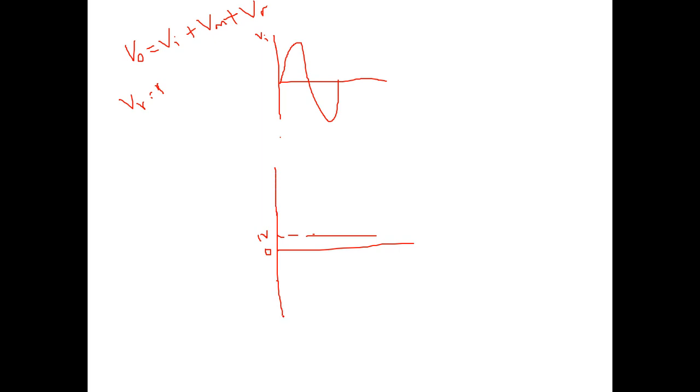Now I am going to find the output waveform. Vi will be varying, Vm is constant at 3 volt, and V reference is 1 volt.